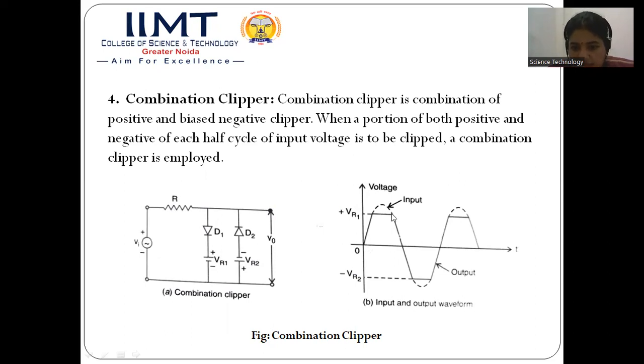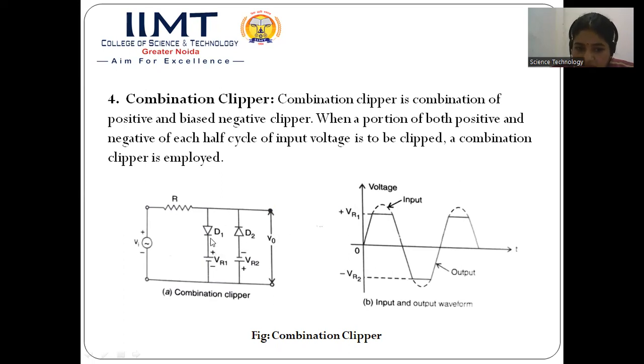We have again the sinusoidal input wave. During the positive half cycle, the diode D2 is always reverse biased, and D1 will be forward biased. And as per VR, this is reverse biased. So the output waveform, once Vi exceeds VR, then there will be no output across this VO.